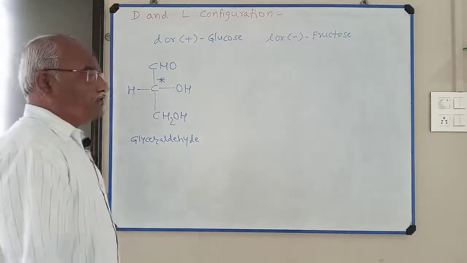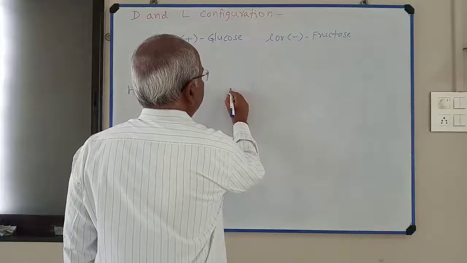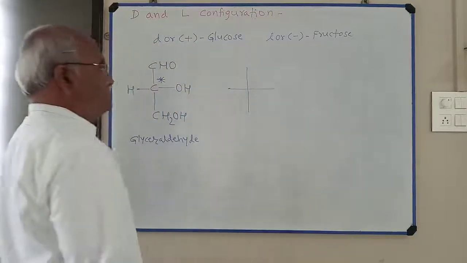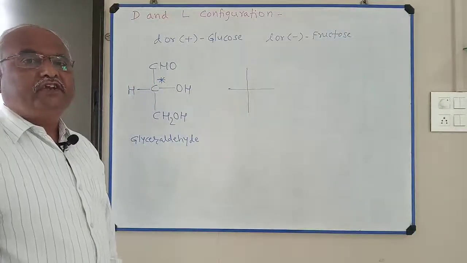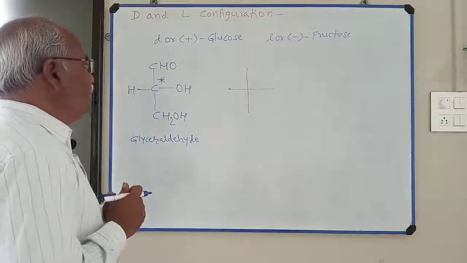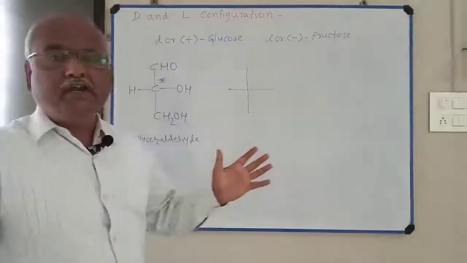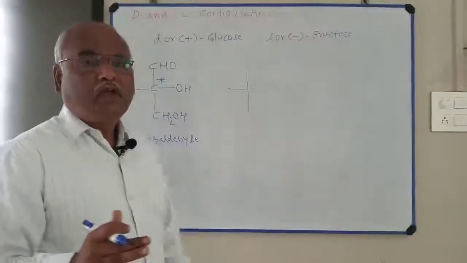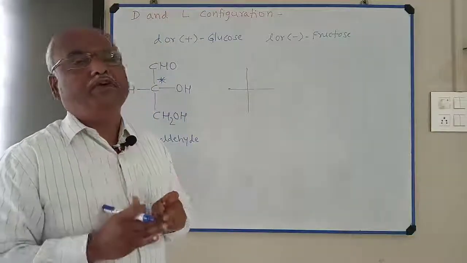In Fischer projection formula, asymmetric carbon atom is represented by 2 crossed lines. Here the bonds coming out of the page are shown on the horizontal line and the bonds going inside the page are shown by the vertical line.